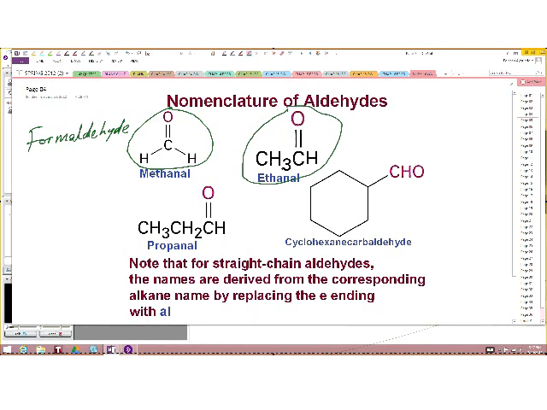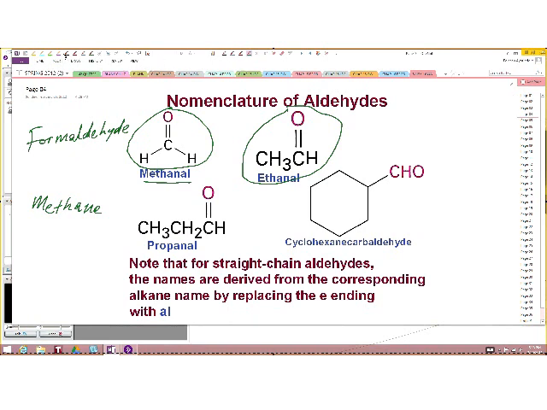As you can see here, the IUPAC name is derived from the name of the corresponding alkane. For example, for formaldehyde the IUPAC name is methanal. So where does that come from? It comes from the name methane. And so what do we do to derive the name of the aldehyde?